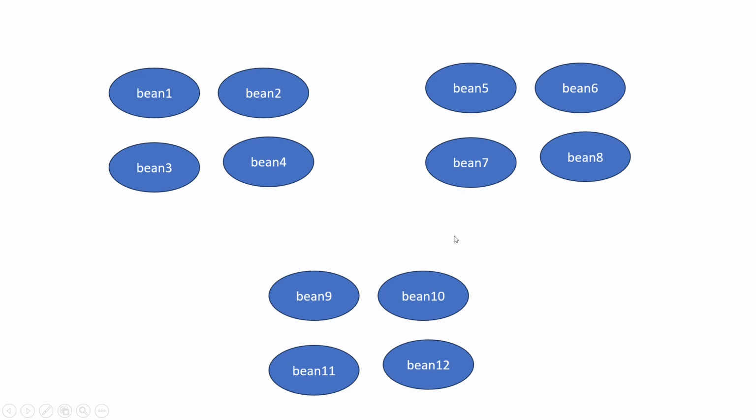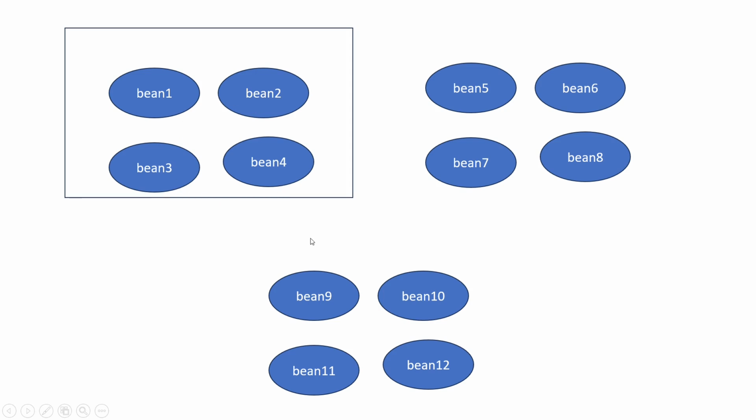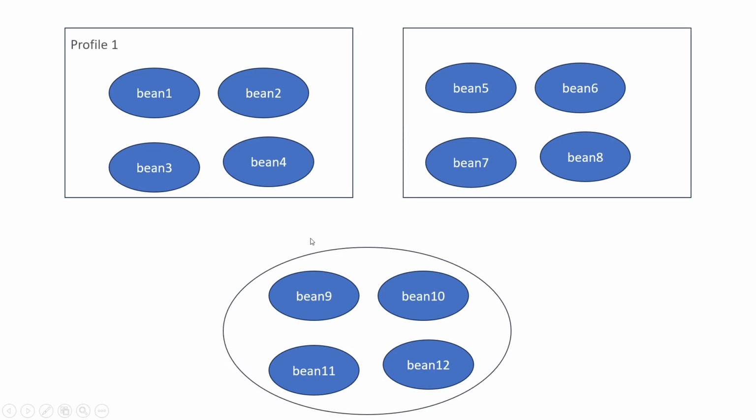In that case, let's say I will call it profile 1. Bean 1, bean 2, bean 3, bean 4, I want to associate these beans under profile 1. So I'm creating a profile name. You can give anything. In development environment, you can define the profile name as development.